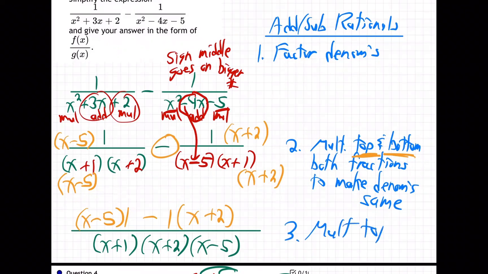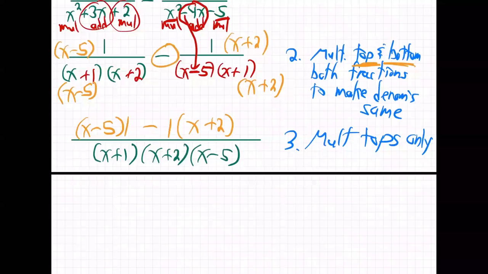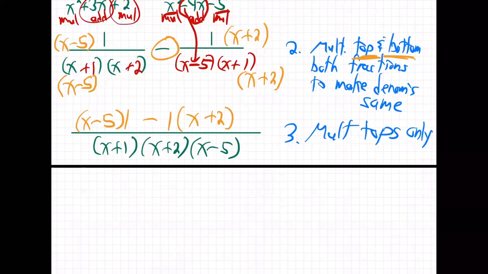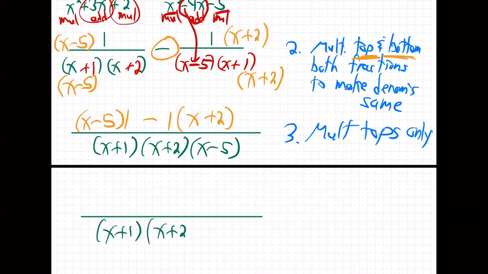Multiply the tops only. So we don't do anything more with the bottoms. We're happy with the common denominator on the bottom. Once we get that common ground, common denominator, we don't mess with the denominator at all. We just leave it. So x plus 1, x plus 2, x minus 5.